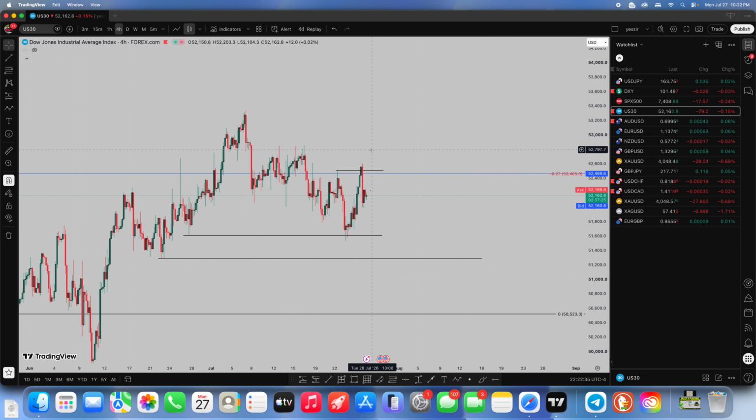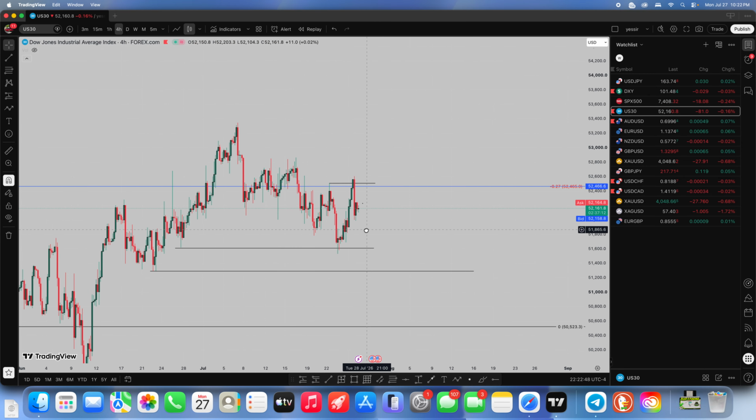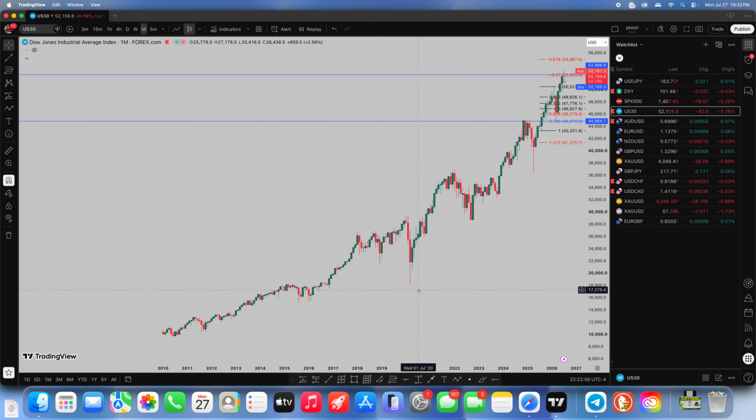But basically, I caught this short up here after we took out liquidity earlier. And then I took an L within this candle because I drew my fib wrong. When drawing fibs, you gotta draw it on a higher time frame. So for instance, I start with the monthly.